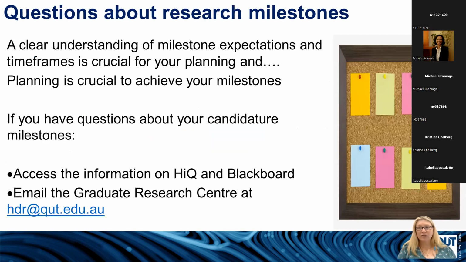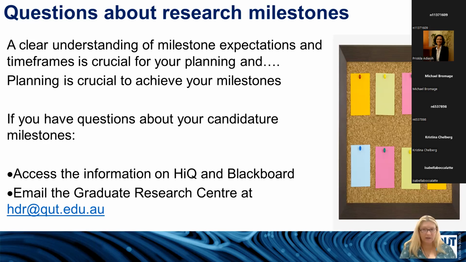So if you have questions about your research milestones, all the information is on HiQ and Blackboard, and you can also always email the Graduate Research Centre as well. As I've said here, planning is crucial to achieve your milestones. So all the information you need is there, and there's a new process now, the way the milestones are done. All that information is in HiQ as well.